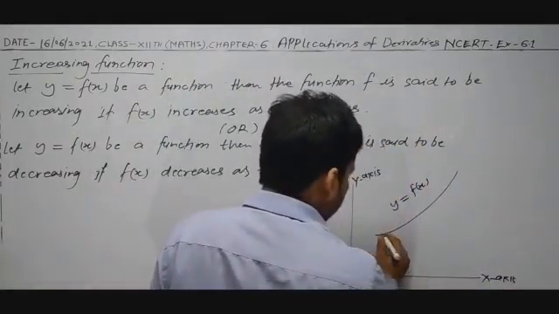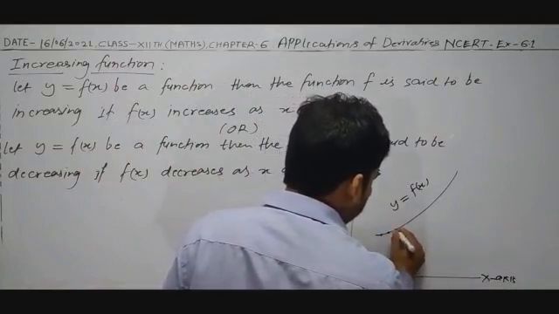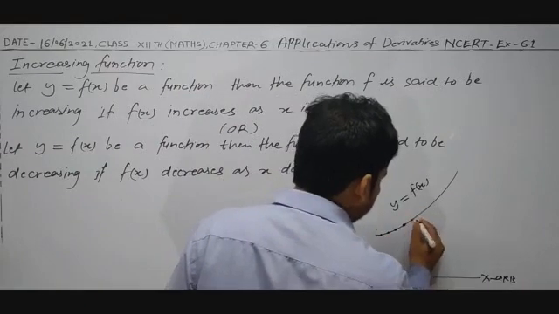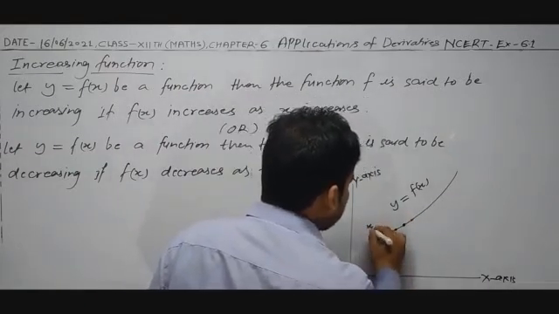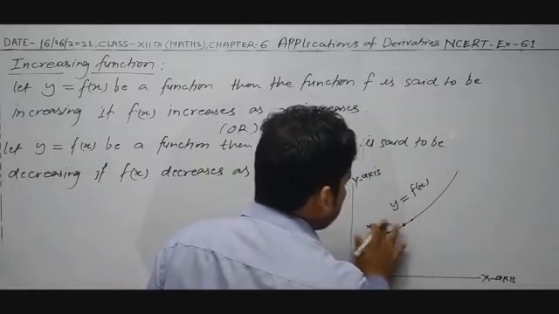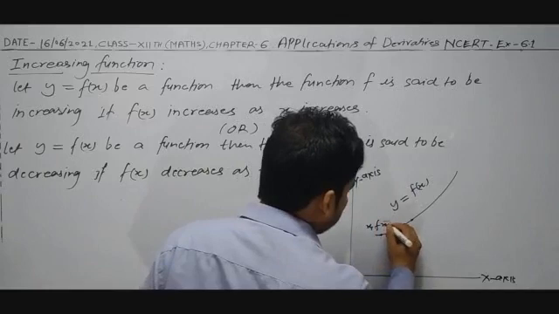Suppose many variable points lie on the x axis. Suppose this is x1, x2, x3 points. x1 corresponds to the value of y, that will be f of x1.